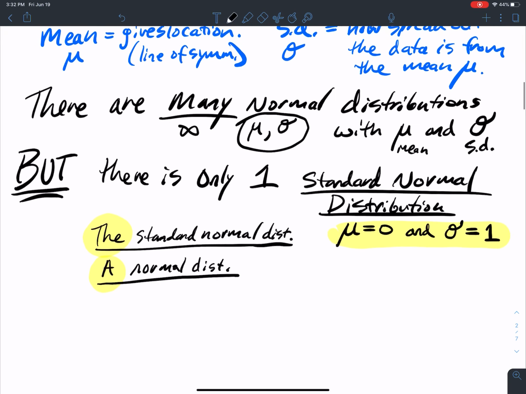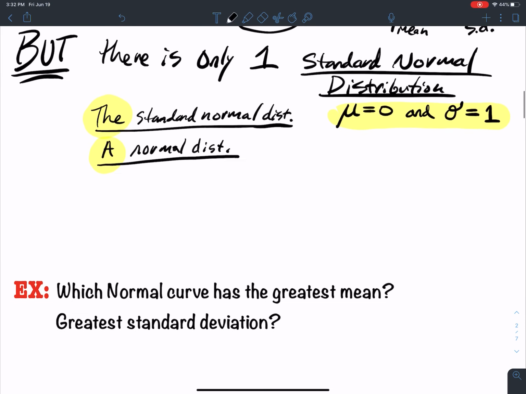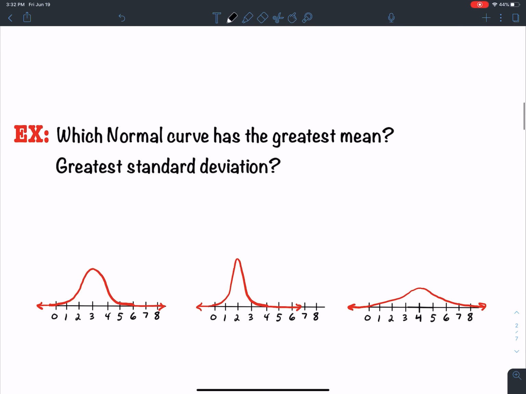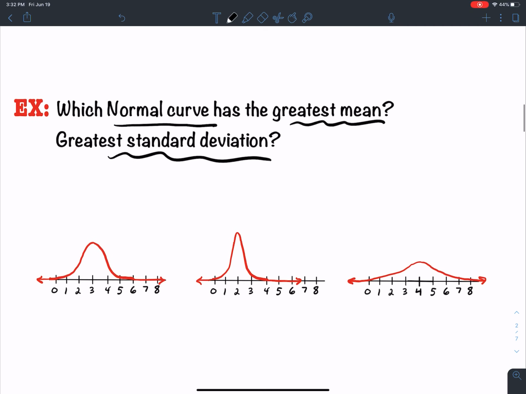Now, let's graph some of the normal distributions. So the question becomes, which normal curves have the greatest mean, the greatest standard deviation? Okay? So here's an example of just 3 normal distributions. Now remember, to get a normal, we need a mean and we need a standard deviation. The mean is where the line of symmetry is, right?